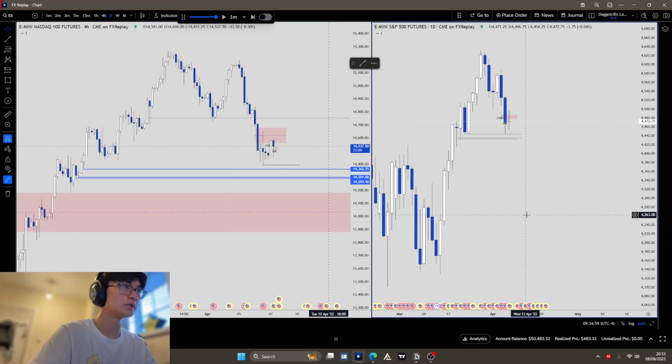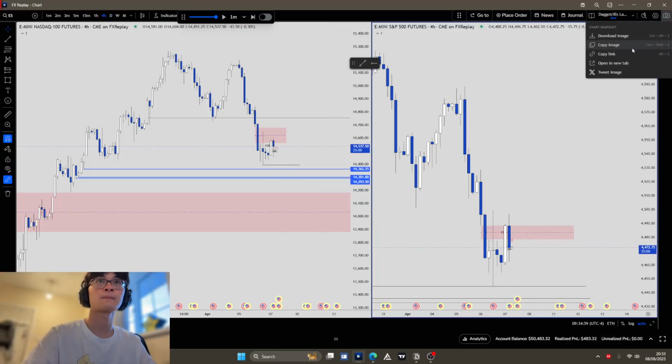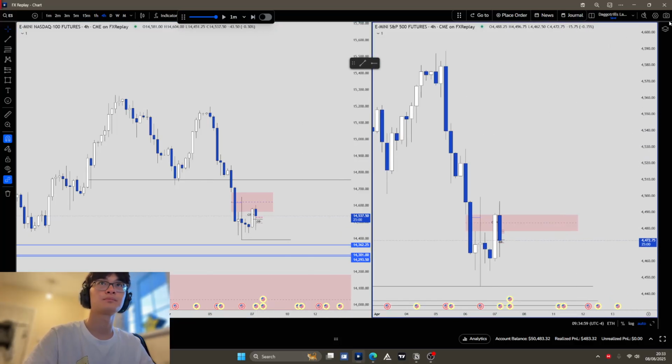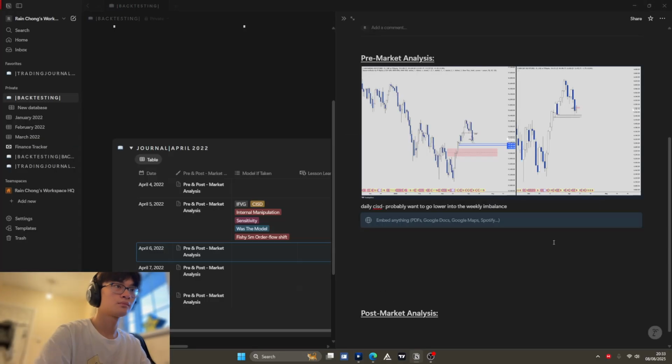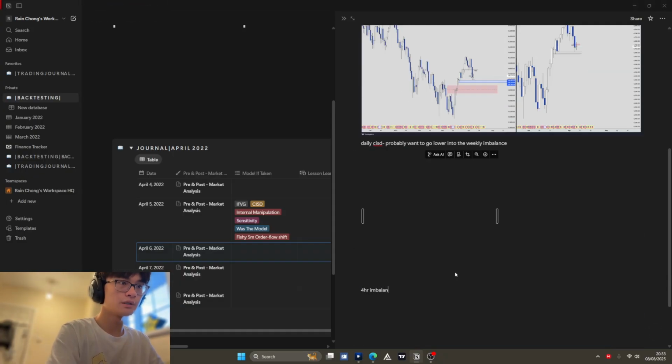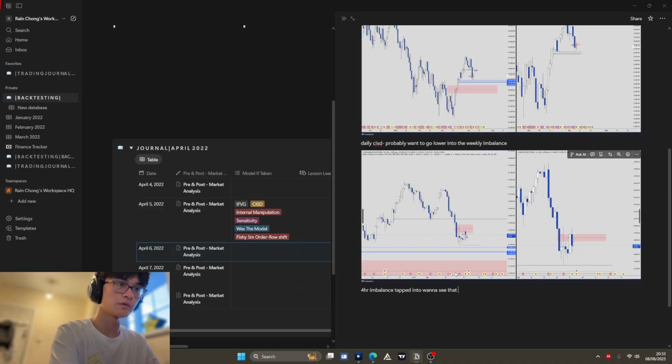Let's go to the 4 here. Uh, 4-hour imbalance tapped into. Wanna see that hold and get it to go lower.